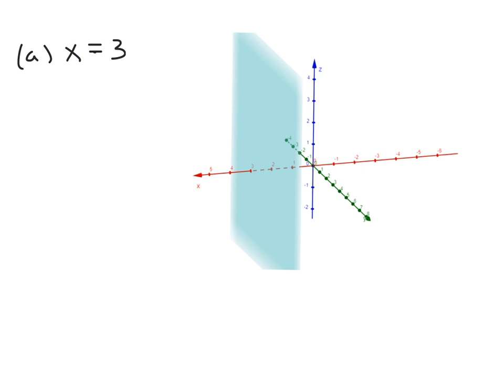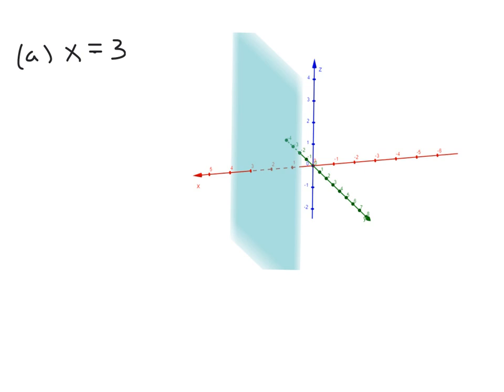So x equals 3 describes the plane parallel to the yz plane intersecting the x-axis at 3. Similarly, if I change the 3 to any other number, it maintains the same relationship. x equals -4, for example, would consist of the plane parallel to the yz plane intersecting the x-axis at -4.